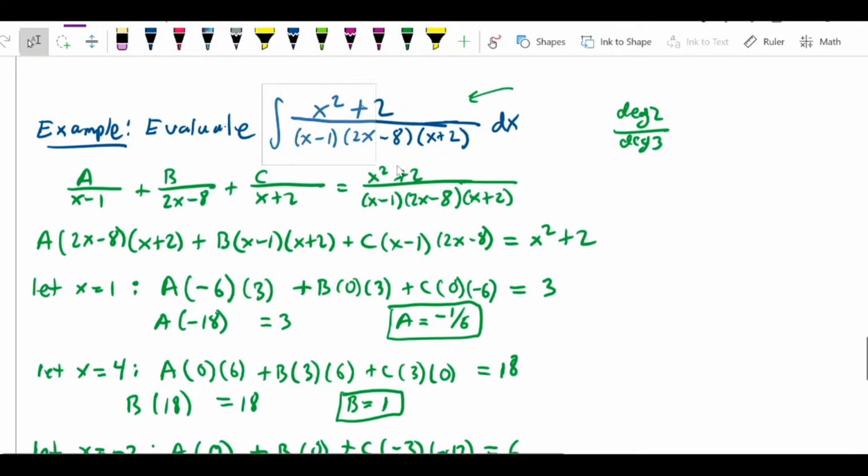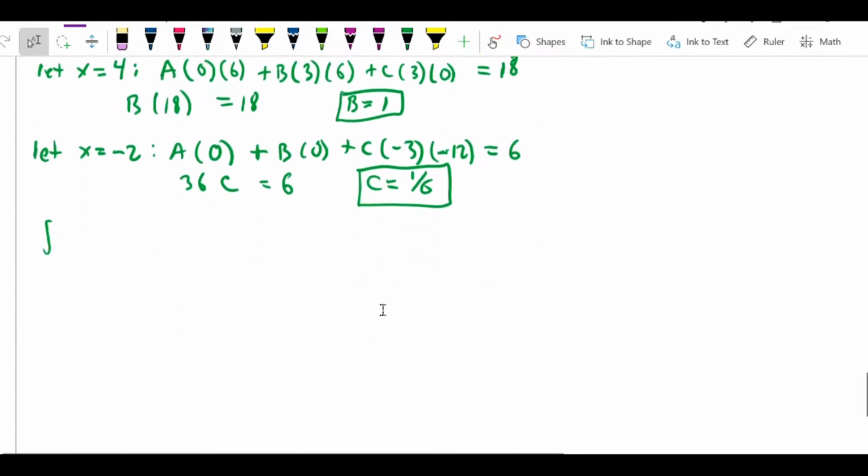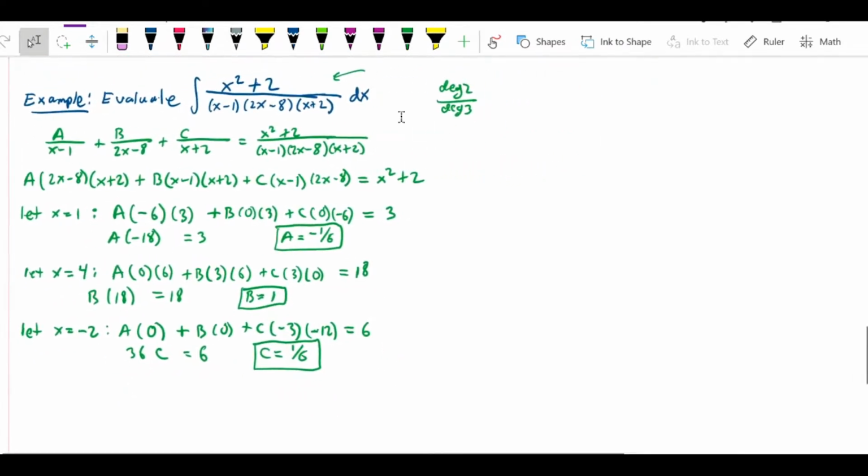So we have the integral. Actually, let me just bring this integral down. Let's write it over here.